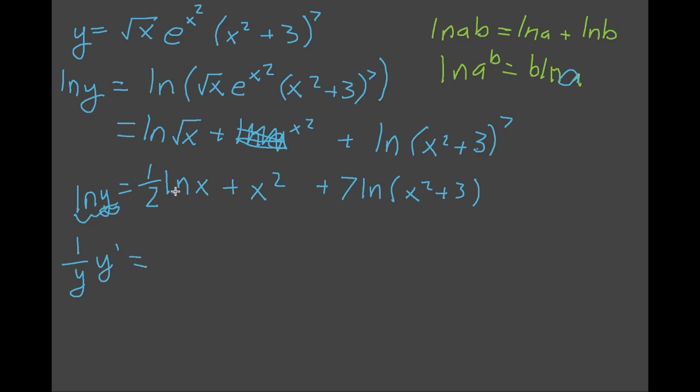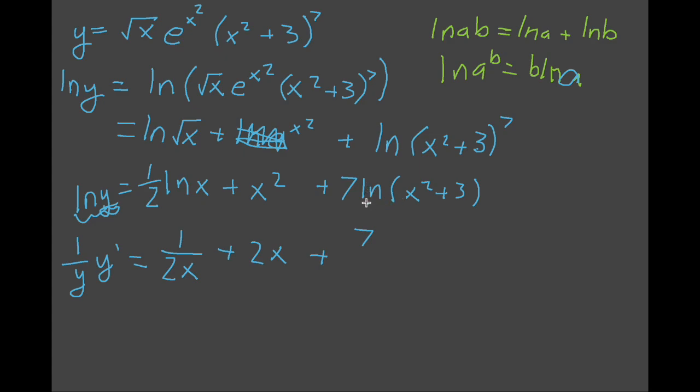Right here we have 1/2. So that's just a constant. So the derivative of ln of x would be 1 over x. So we'll end up with 1 over 2x. Right here, it's just simple power rule, it becomes 2x. And then our 7 is going to stay constant. This will be 7.